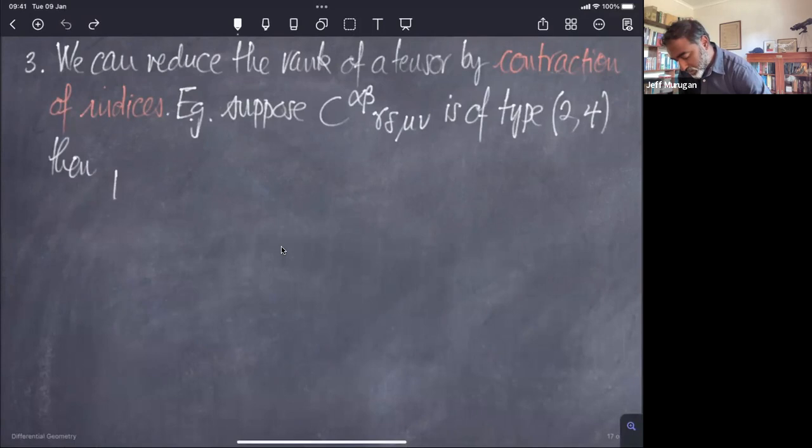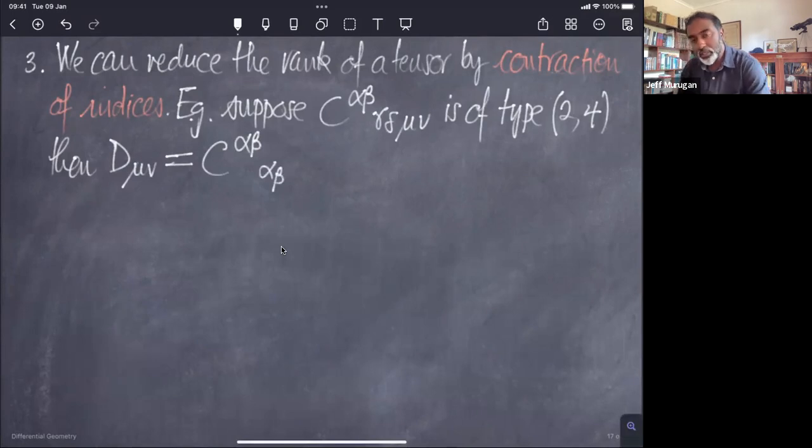Then the tensor that I get by taking C and writing it as alpha beta. So because the alphas and the betas are upstairs and downstairs and they match, they're summed over. So that's alpha summed over alpha and summed over beta. So the only free index in this is mu nu, right?